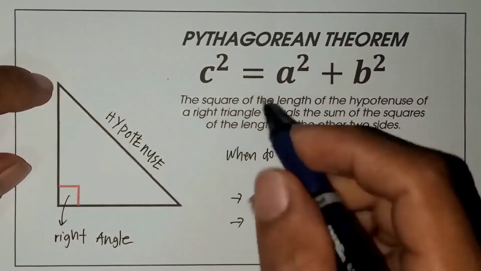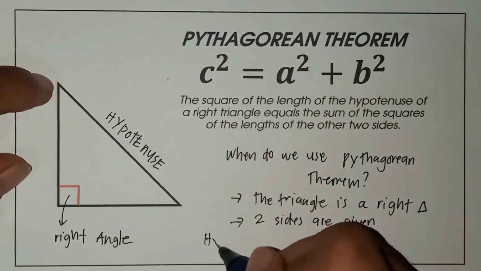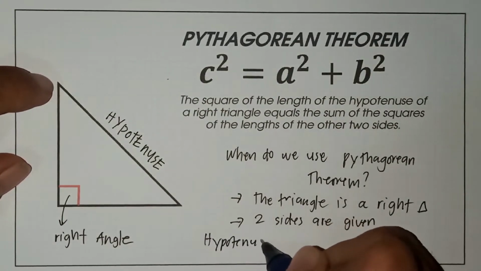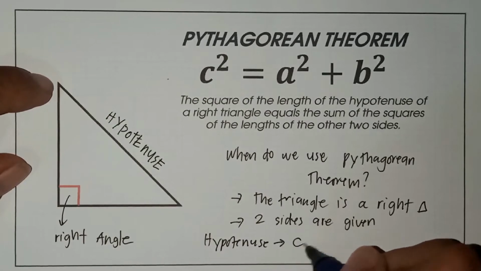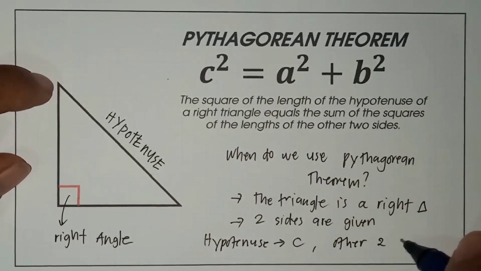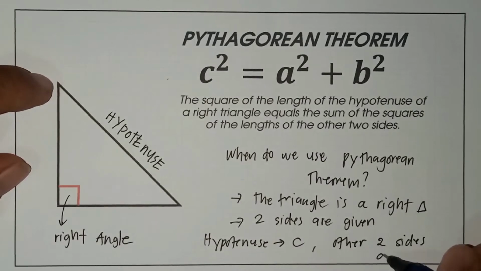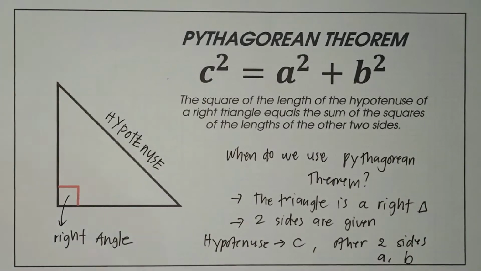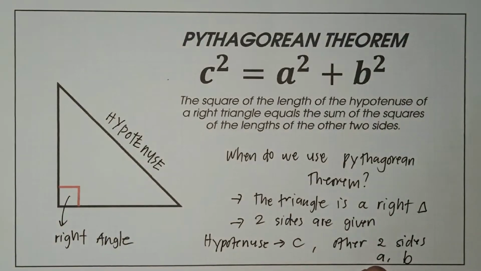The hypotenuse is represented as C, and the other two sides can be A or B. Sometimes A is used for the shorter leg and B for the longer leg.